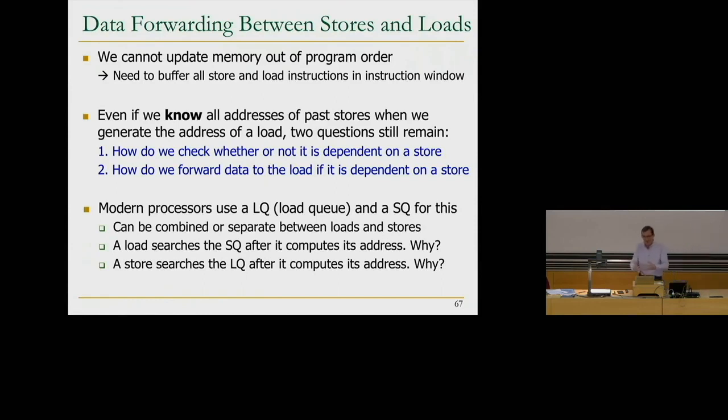If you predicted this load is independent, and you've executed it, but then the store address became available, the store needs to check if any of the loads got the wrong value because they were predicted to be independent of the store. I'm not going to talk about the second case, but it's needed if you're doing intelligent prediction. The first case is needed even if you're not doing prediction. You just want to be able to decide whether this load is dependent on a store, even assuming that you know the addresses of all of the previous stores.